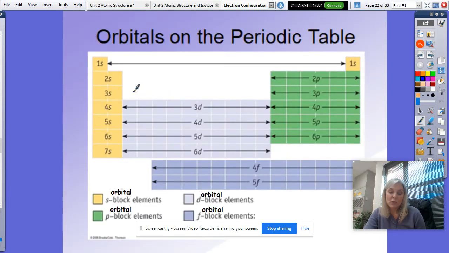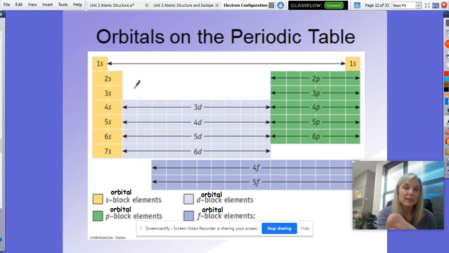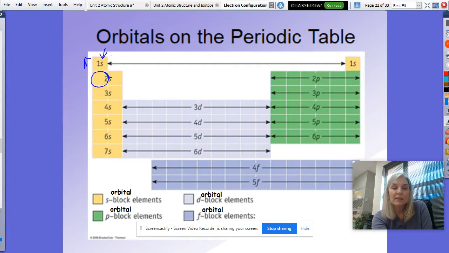All right, so if you locate lithium, it's right here. So I'm going to count. It's just like reading a book. You start at the left side, and we're going to start at row 1. We're going to count this box, that's 1, and we're going to count this box.